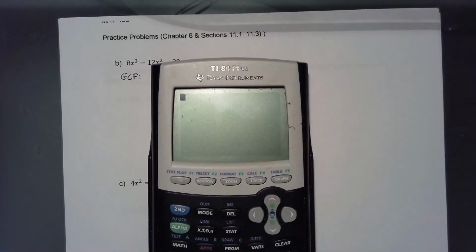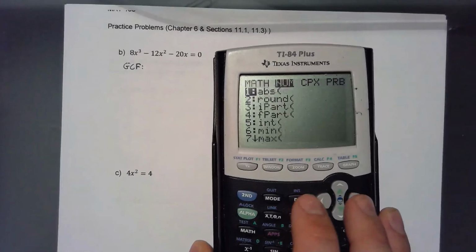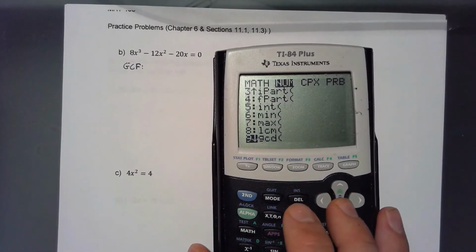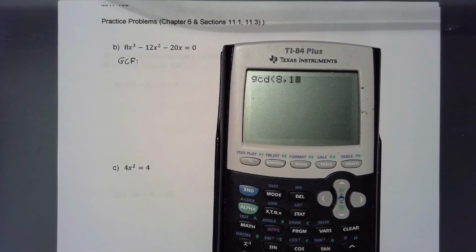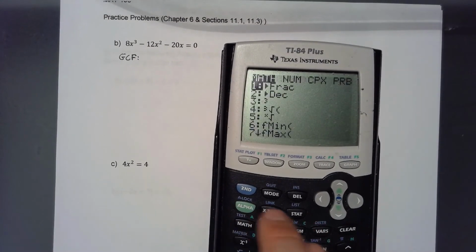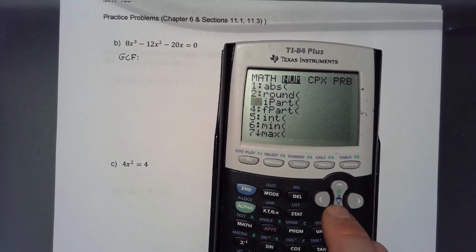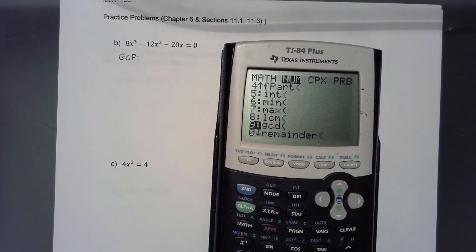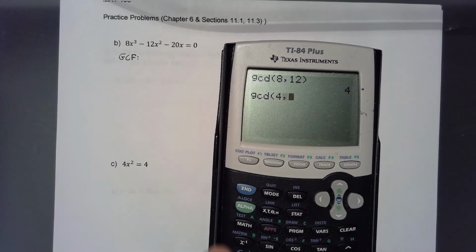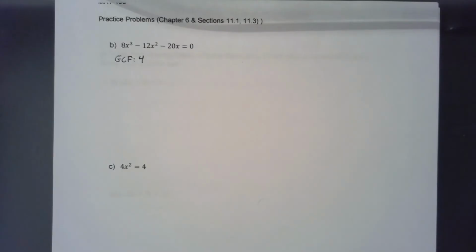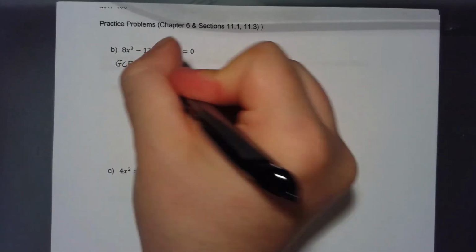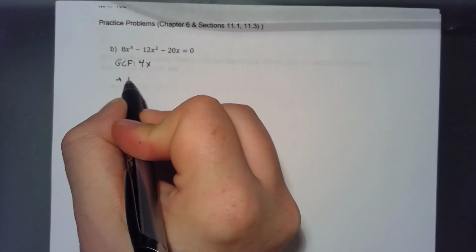Well, I could do that in my calculator: math, number, GCD. So 8, 12 is 4. And then if I do that again between 4 and 20, I also get 4. So my GCF is 4, and they have an x in common, so let me factor that out.